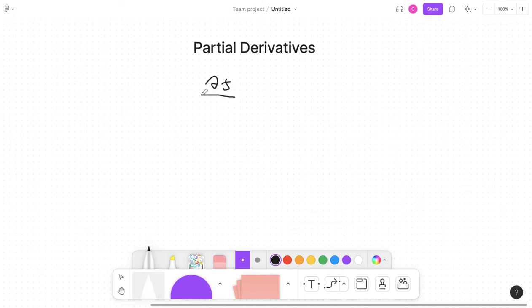You have partial f, partial, let's just say x, and you need to take the derivative of f, where f is f of x and y. It takes a y input too. Equals, let's just say, cosine of xy.